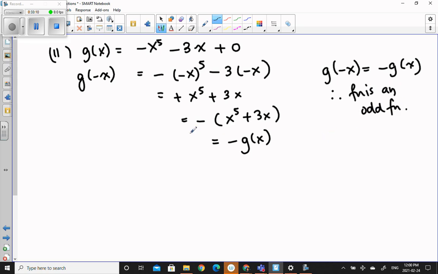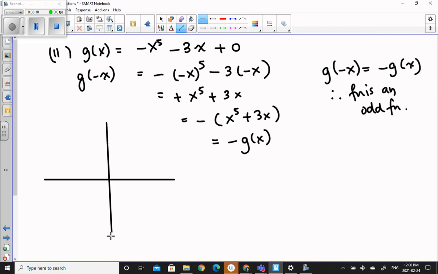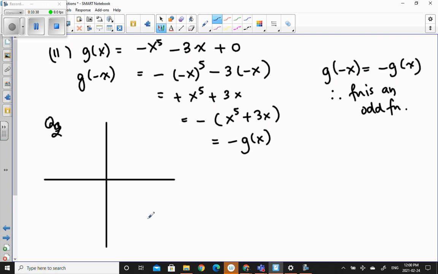Okay, and so it has a degree of 5 and a negative leading coefficient, so that means it's like our y equals minus x, right? Like going from quadrant 2 to quadrant 4. So it's going to start here and end here, so it's going to go from quadrant 2 to quadrant 4.